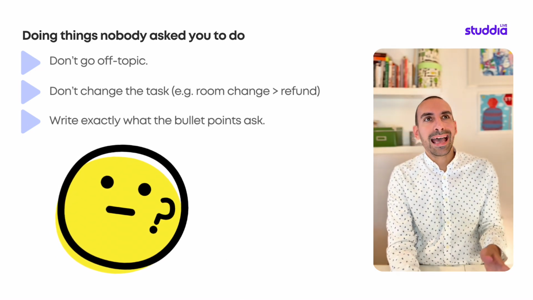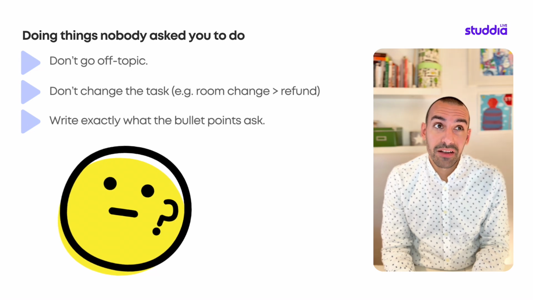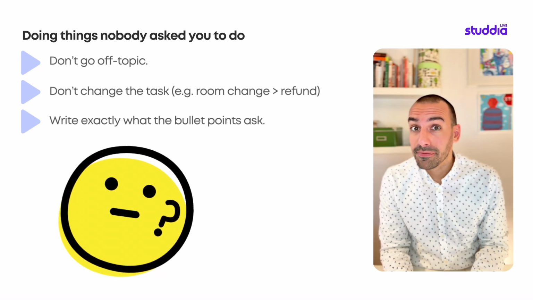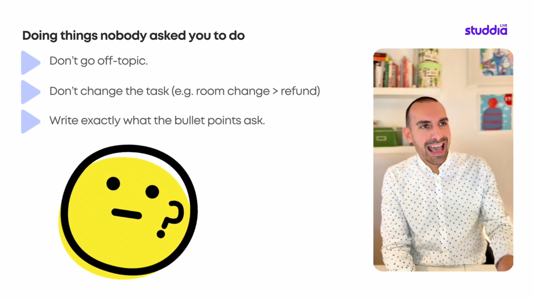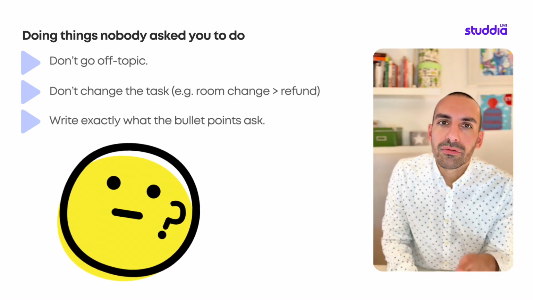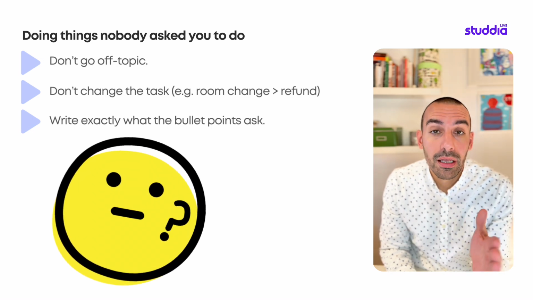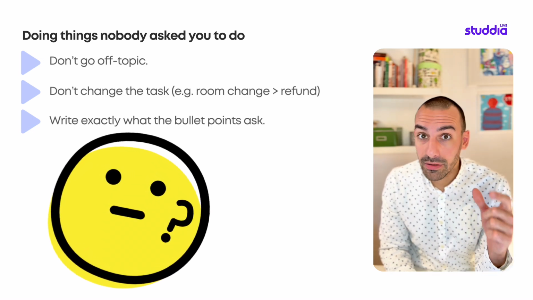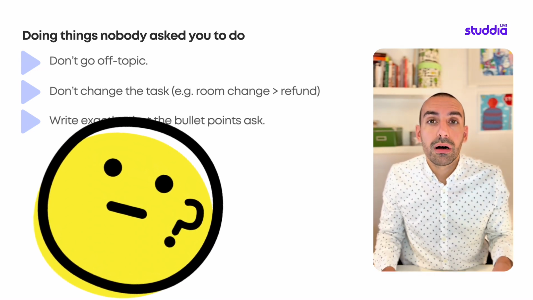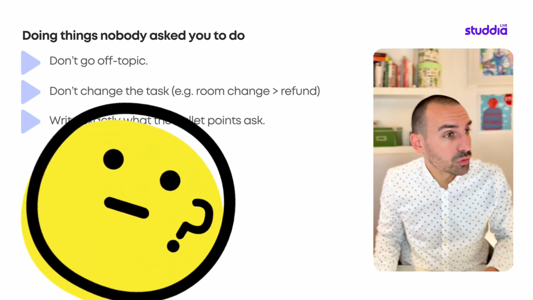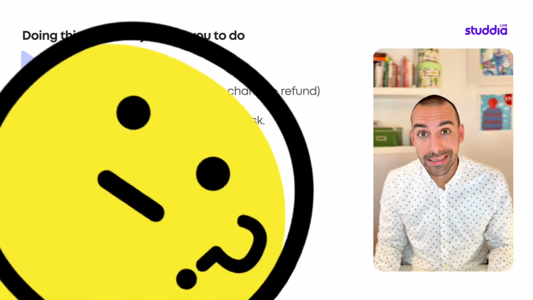Or the task asks you to request a room change, and you write a letter asking for a refund. Now, you cannot play with these things. If the task asks you to request a room change, you request a room change, nothing else. Put yourself into the situation and write exactly what you are asked to write. Do not go off topic and do not invent things, please.